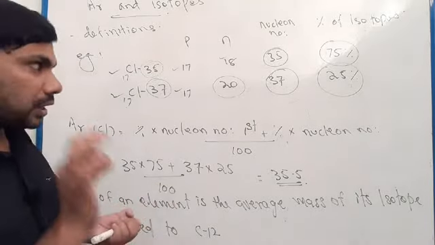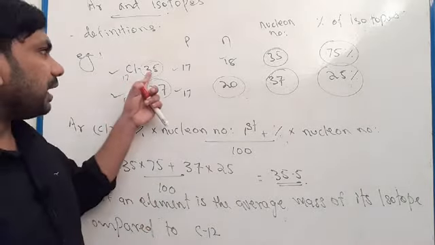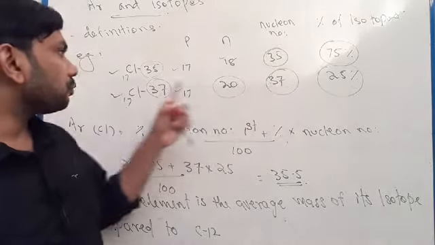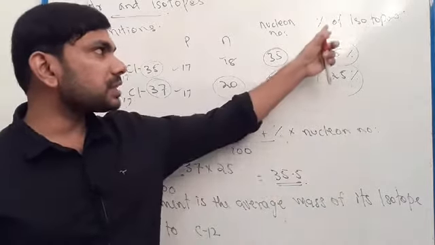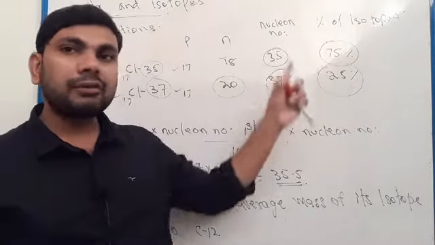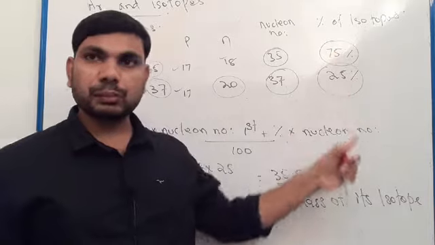So out of 100, chlorine 35 is 75 percent and chlorine 37 is 25 percent. This is the percentage of availability of each isotope.